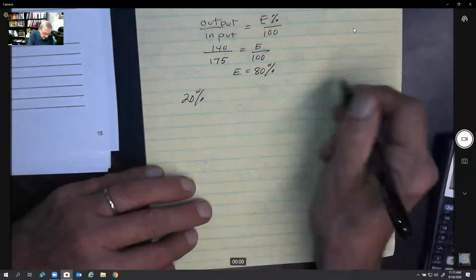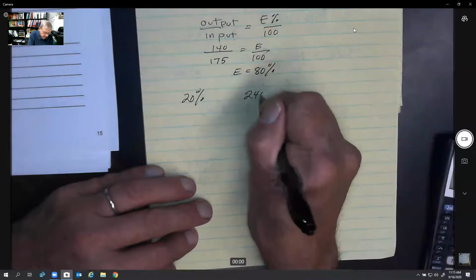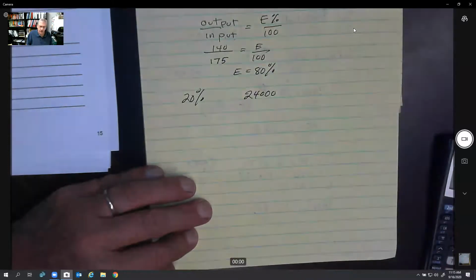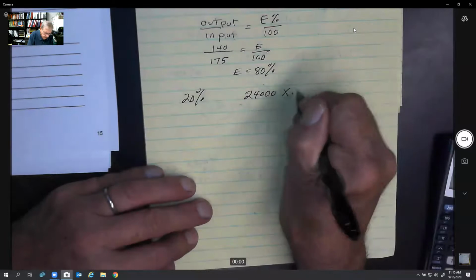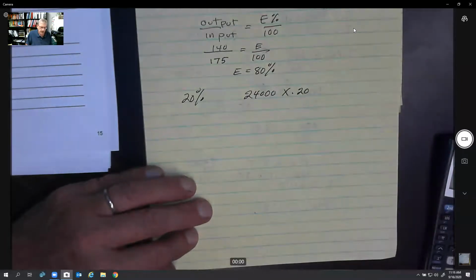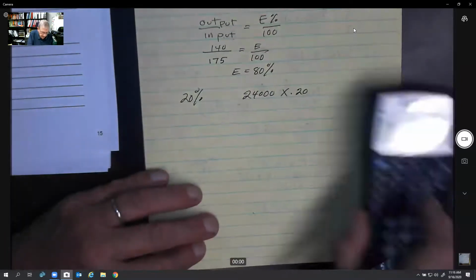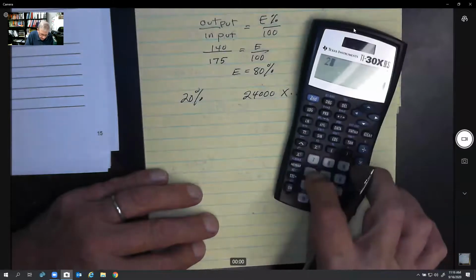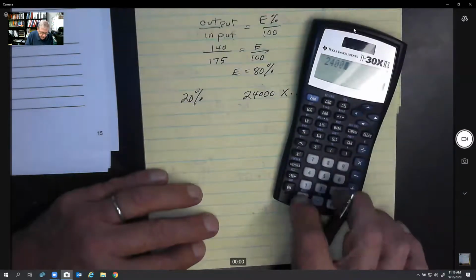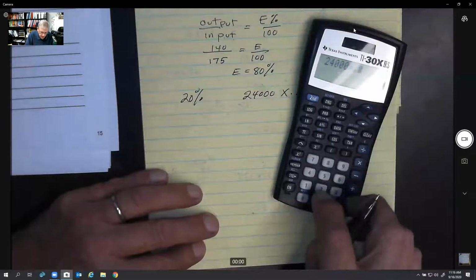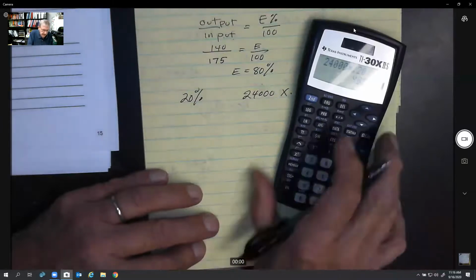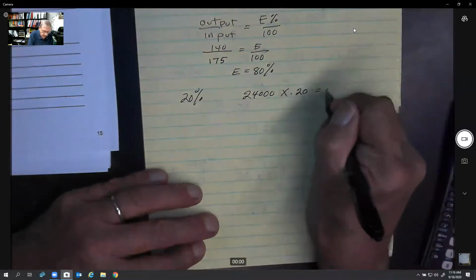So you were earning, let's say, $24,000 a year, and you got a 20% raise, times 0.20. You just multiply that out. That should tell you how much your raise was. 24,000 times 0.20 is $4,800 raise.